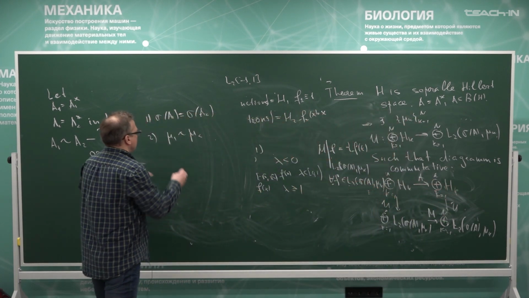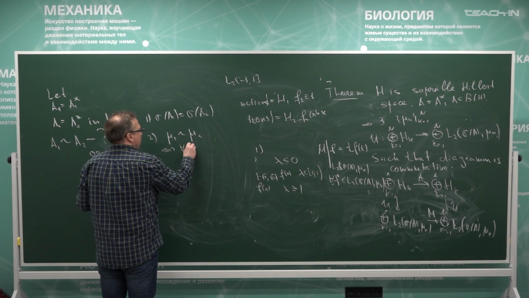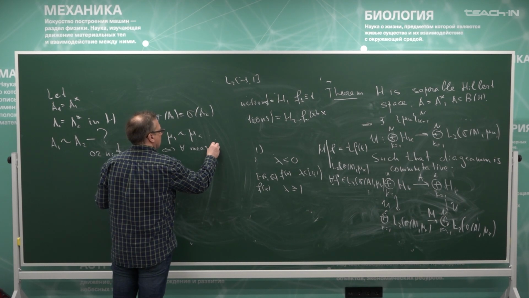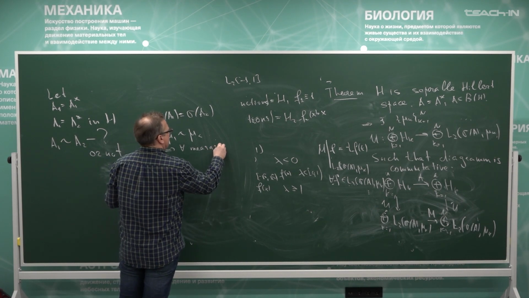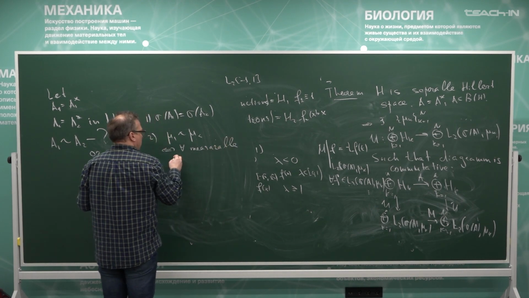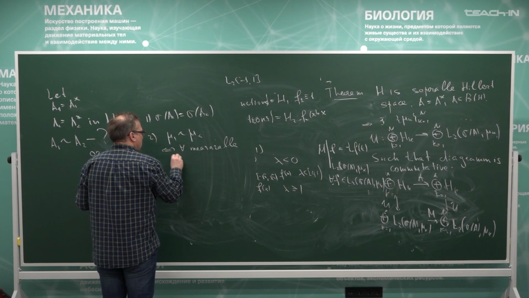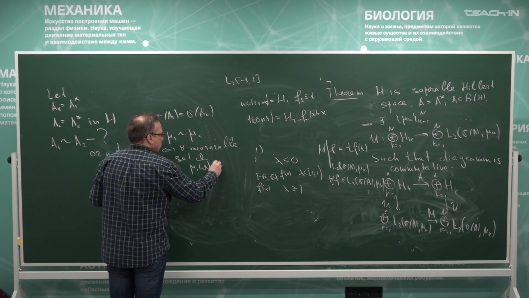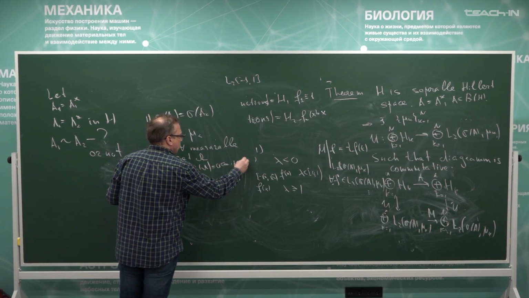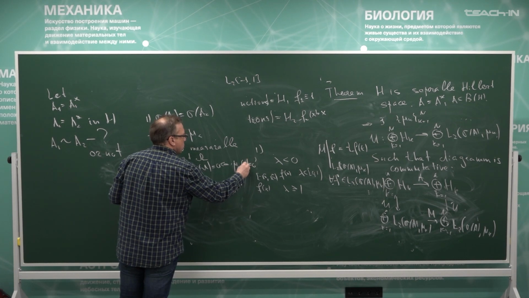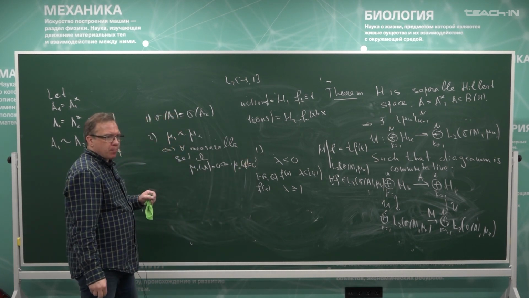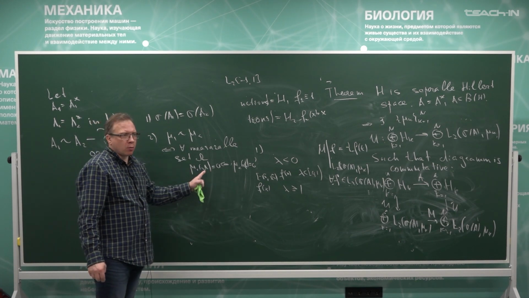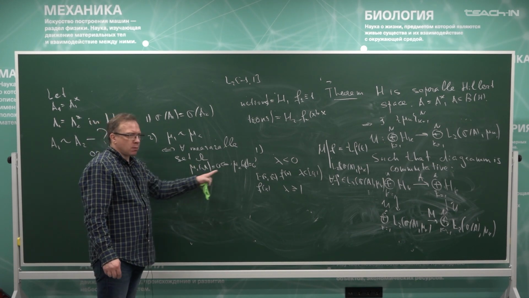Measures are equivalent if and only if for any measurable set omega, mu1(omega) equals 0 if and only if mu2(omega) equals 0. The families of sets of zero measure are the same.